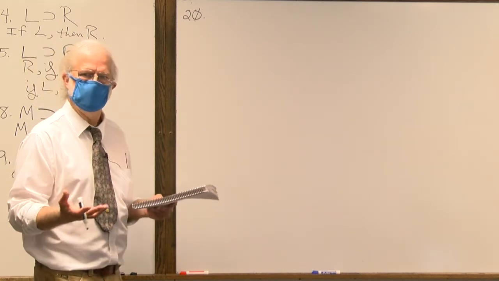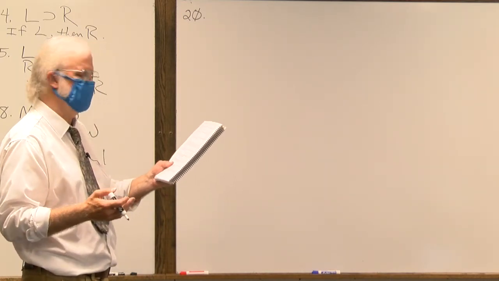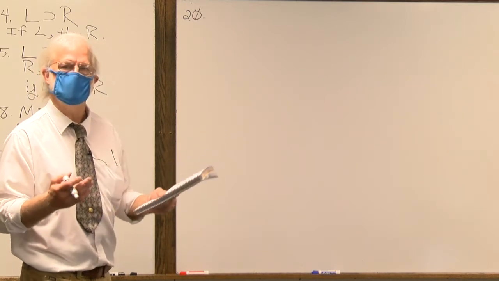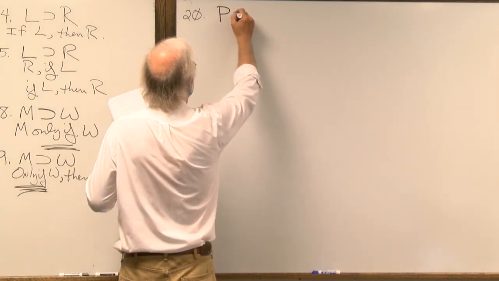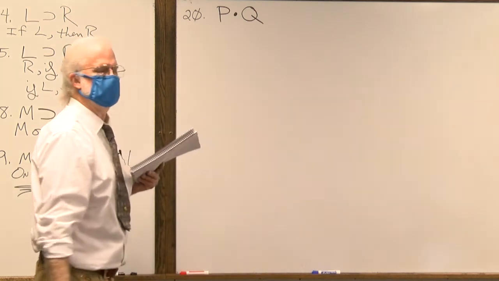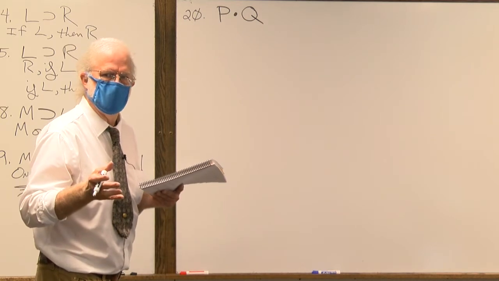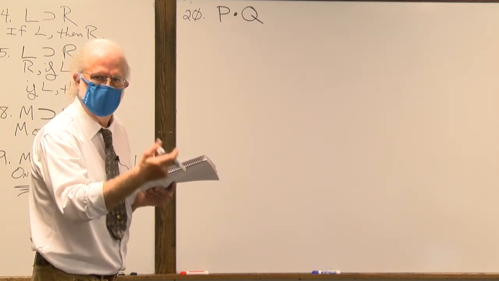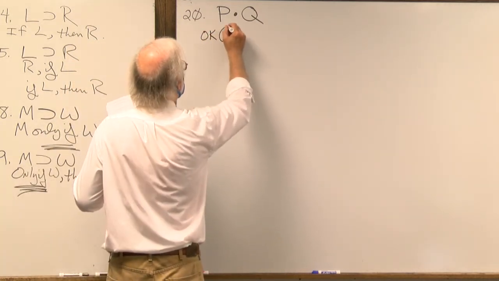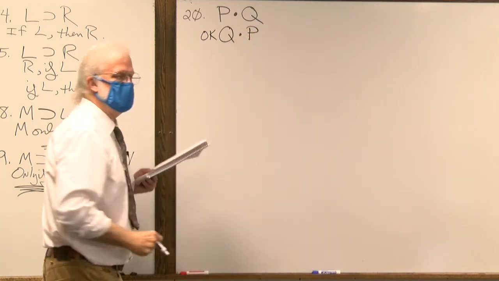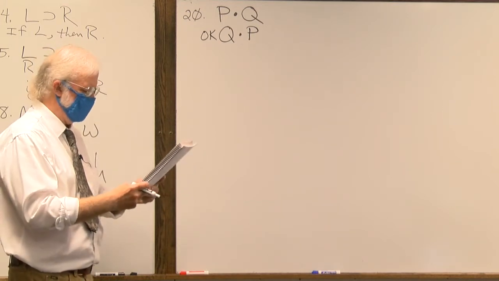If you think about it, even for just a second, what this compound expression means is that Pakistan will follow the lead of Saudi Arabia and Qatar will follow the lead of Saudi Arabia. So its translation is P dot Q. Now, by the principle of commutativity, again, we can switch around the left and right side without any loss of meaning. This would also be okay. Q dot P, they mean the same thing. So either one of those answers would be counted as correct.